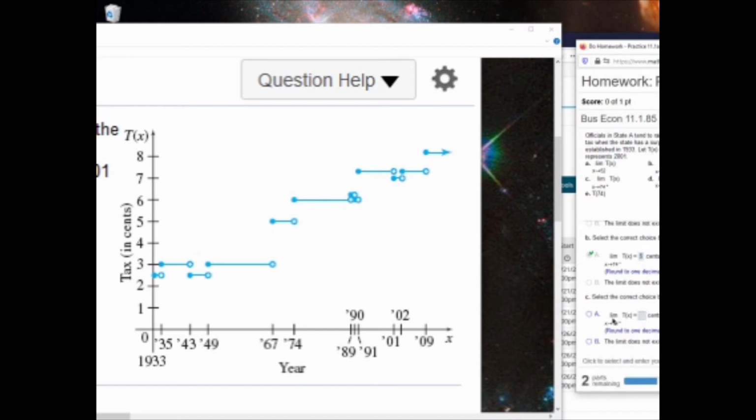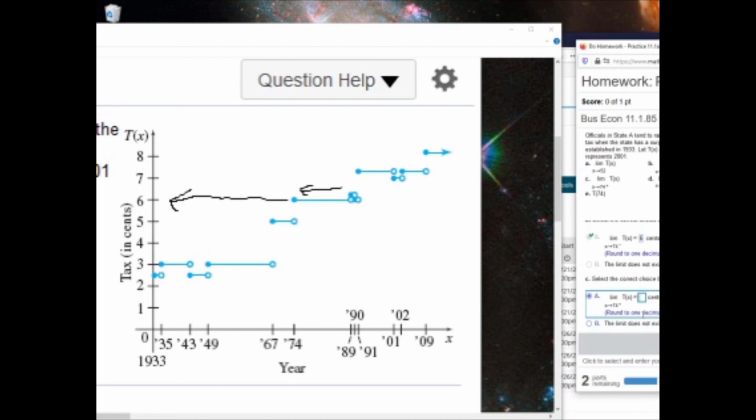And so we got for the next one, 74 from the right now. So to approach 74 from the right means we're going to need to be on this line now. So that means going this way, and we'll look at what height we are at, and we see we're at height 6 then. So the limit for 74 approaching from the right is 6.